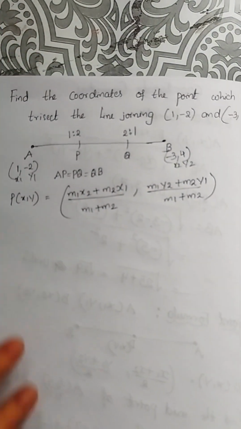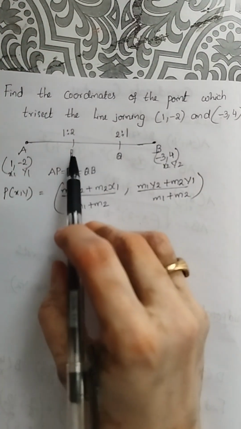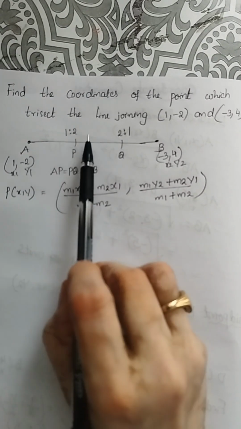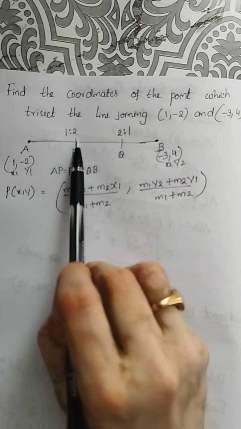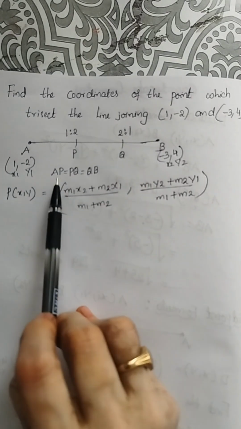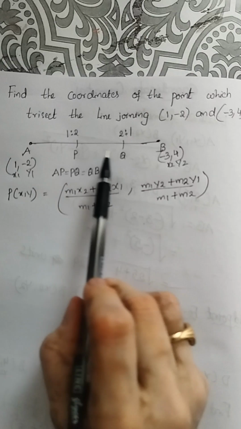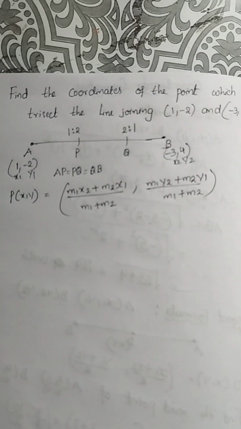Points trisecting means P and Q divide this line segment into 3 equal parts, that is AP equals PQ equals QB. Then we have to find the coordinates of P and Q.